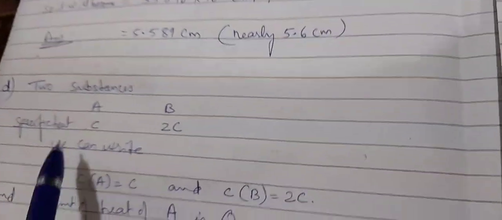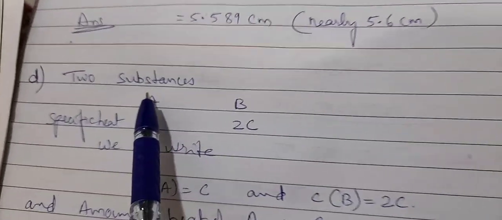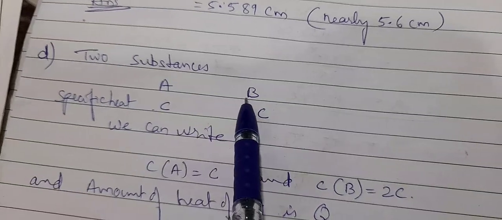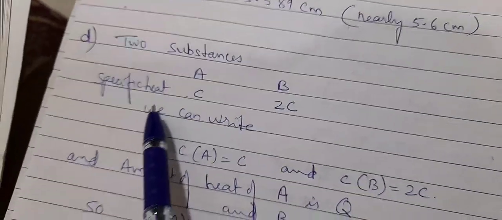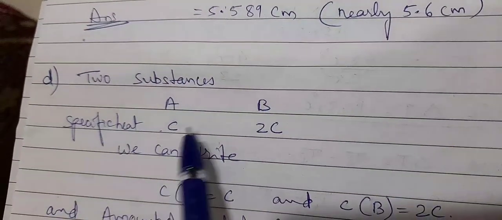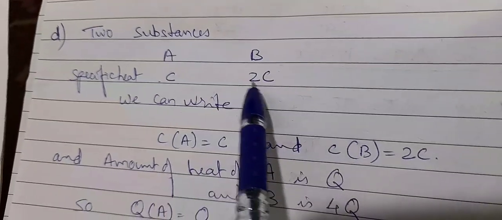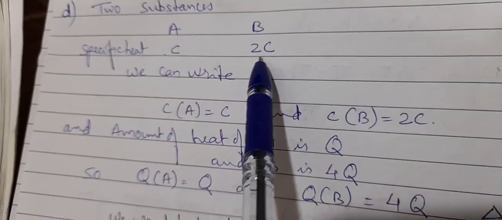Now two substances are there, A and B. Specific heat of A is C and specific heat of B is twice that of A, that is 2C.